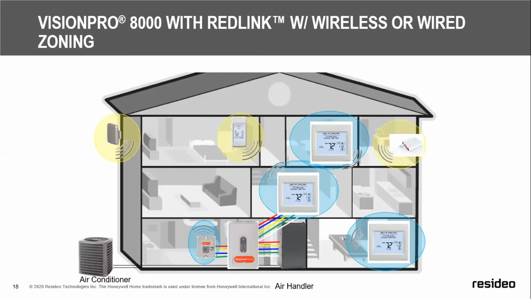And this particular device has the ability, depending on how you set it up, to control all three thermostats in the house. And in fact, in light commercial applications, we've had them go all the way up to controlling 16 RedLINK thermostats. So sweet 16 if you decide to take it that far.